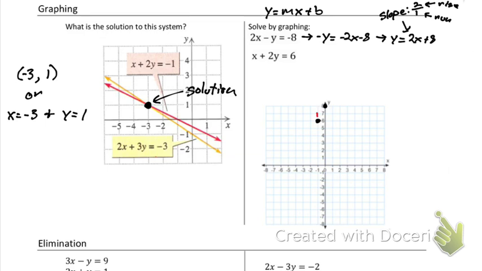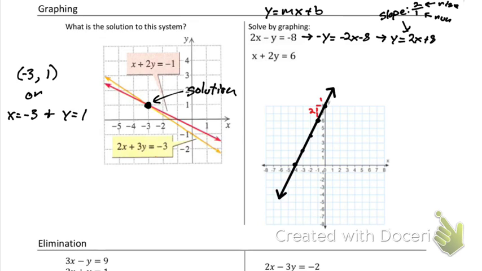It is still 2 over 1. It's still rise over run, but we just have to go backwards because that's how our graph works. So down 2 over 1, down 2 over 1, and realistically you only need like 2 points to make a perfectly straight line. All right, so I'm going to go ahead and graph that. And that's one of my lines.